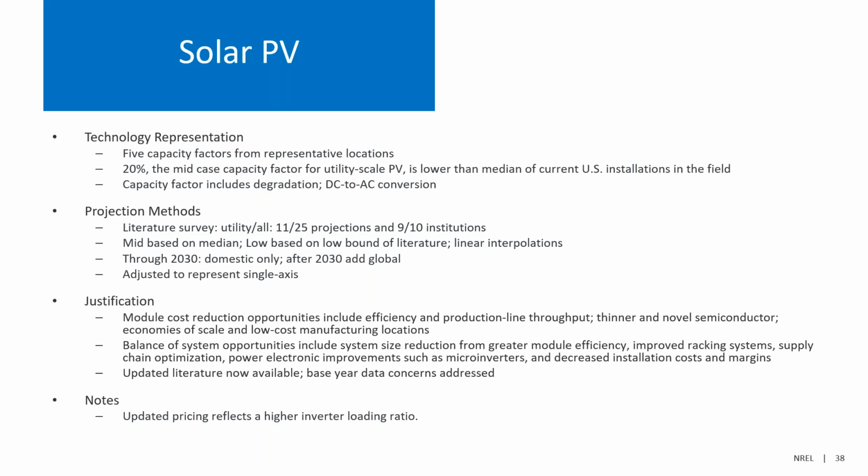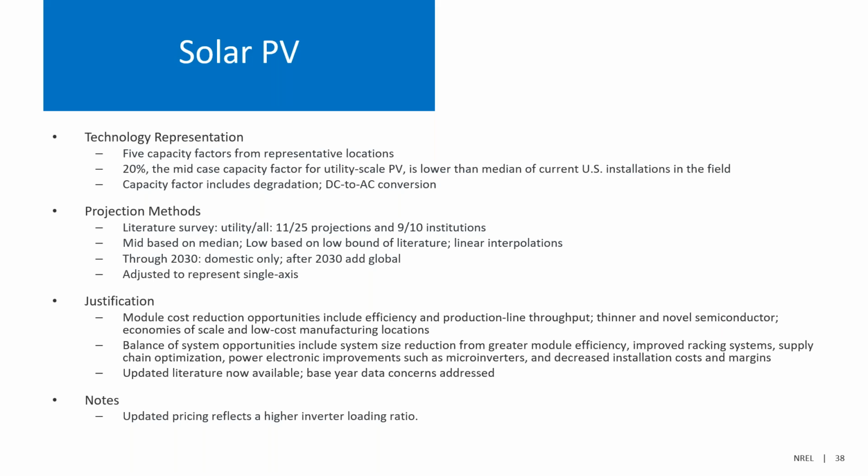I should also note that the capacity factors we include account for degradation over time and the DC to AC conversion. I think PV is unique in that when we're quoting things in the ATB, we still use the DC rating, which I know some of the industry does not use.